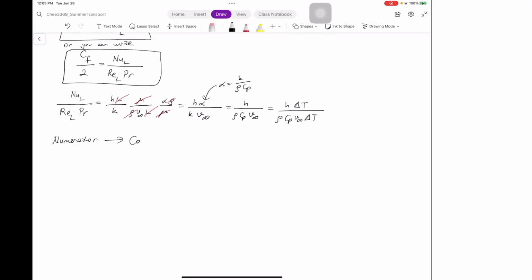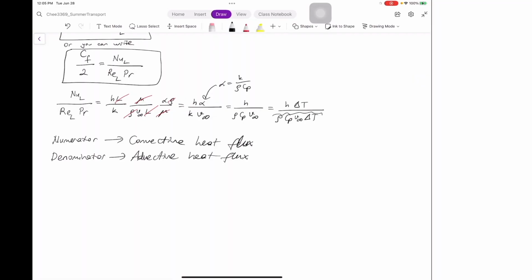The numerator is our convective heat flux, and our denominator is the advective heat flux, right? Because this is the amount of heat transfer just by the fluid moving from one place to another.